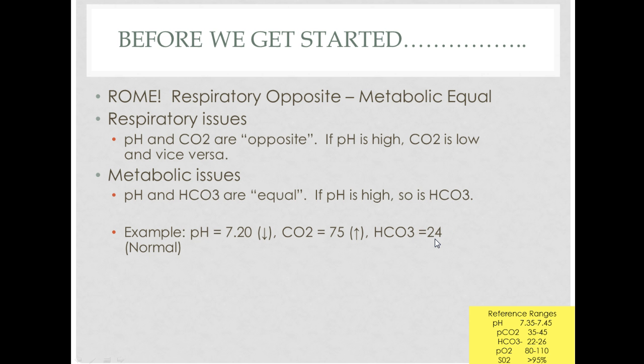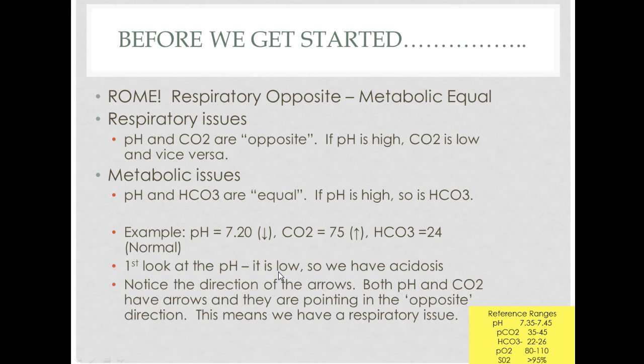We don't need an arrow, it's in the reference range. Well, if we look at our CO2 and our pH, we can see the arrows are pointing in opposite directions. And if we look above, with regards to pH and CO2, if they're opposite, it's a respiratory issue. This person would then have respiratory acidosis.